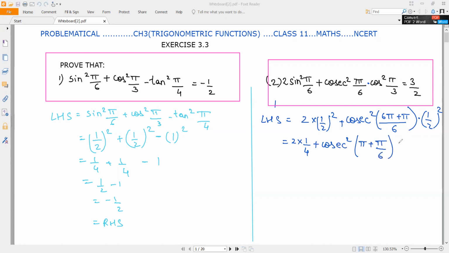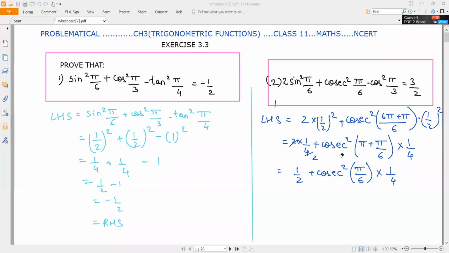Now pi plus pi by 6 means it lies in the third quadrant. In the third quadrant, cosec is supposed to be negative, but cosec square will be positive. Since it is pi, cosec will remain as it is. So your answer becomes 1 by 2 plus cosec square pi by 6 into 1 by 4.